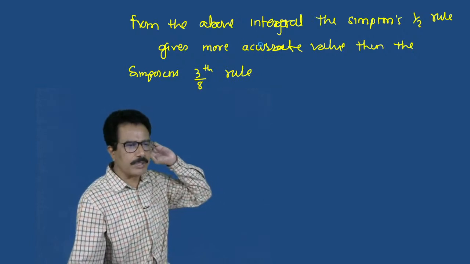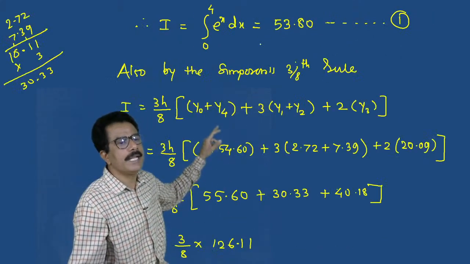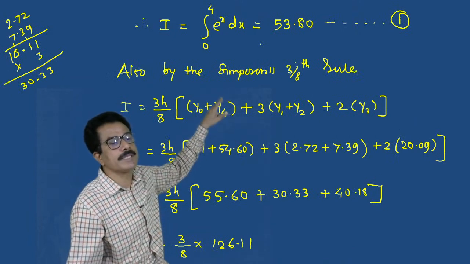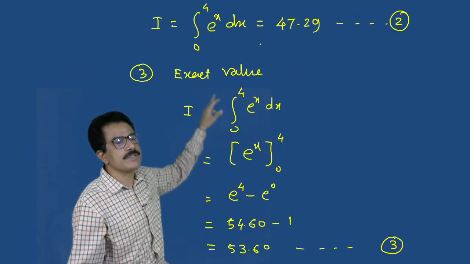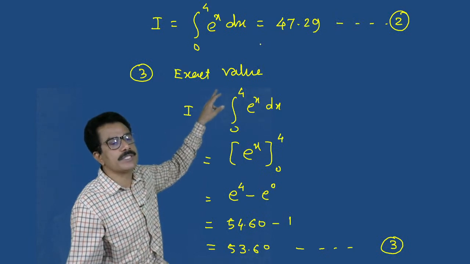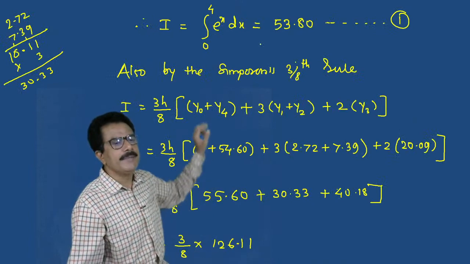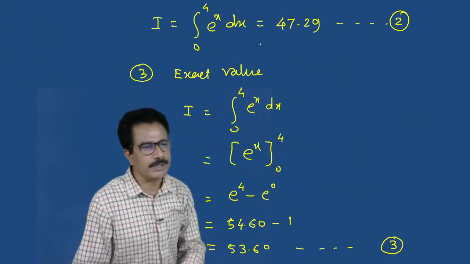The value by Simpson's 1/3 rule is 53.80 and by the 3/8 rule is 47.28. The actual value is 53.60, so the more accurate value is from Simpson's 1/3 rule.